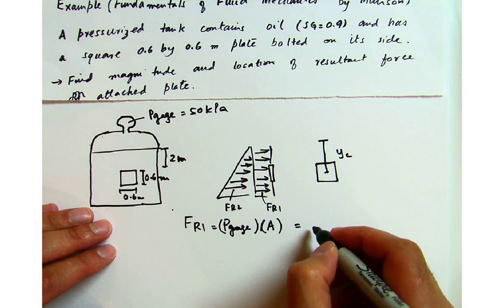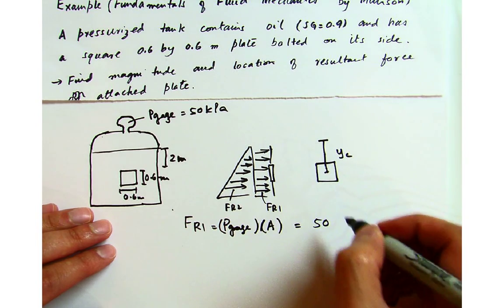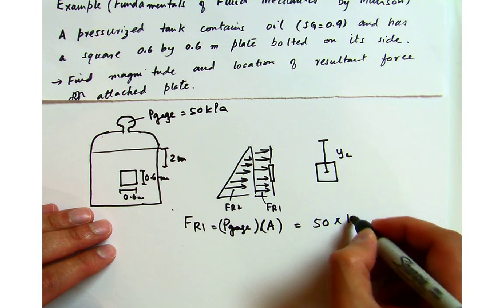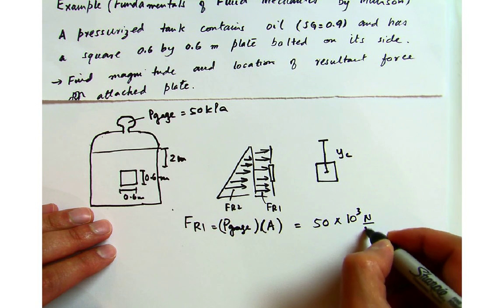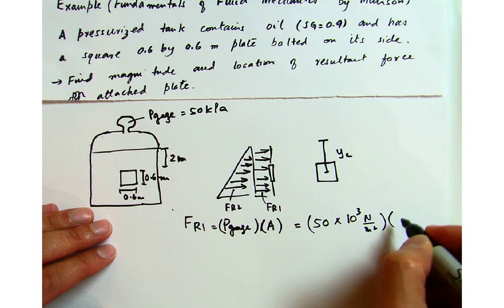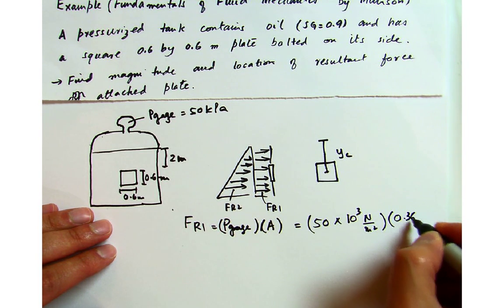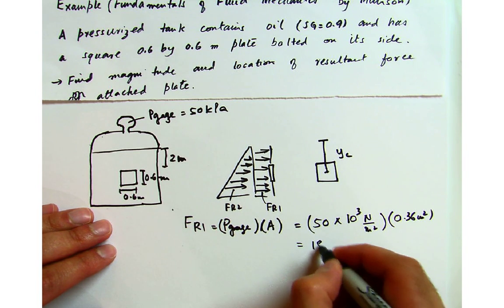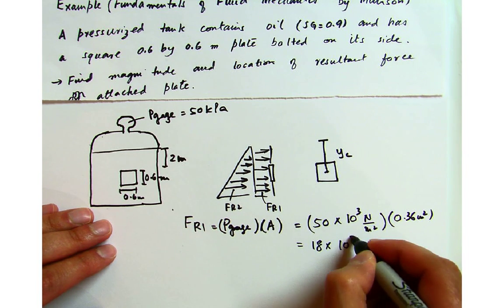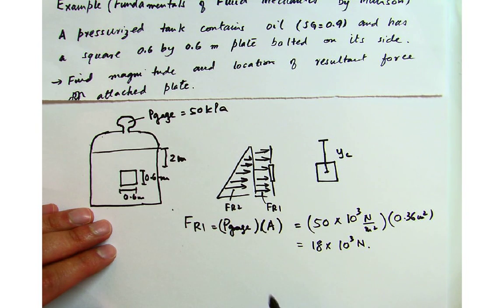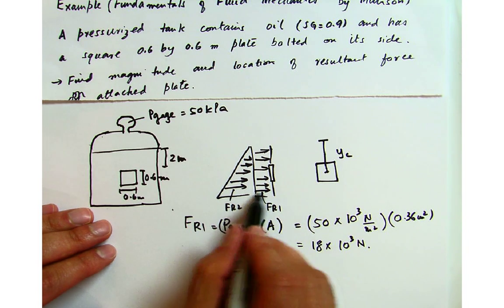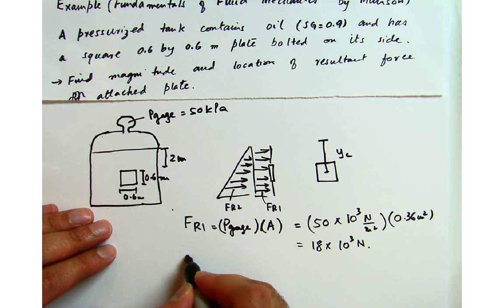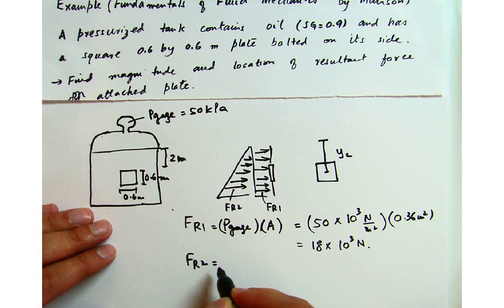P gauge in this case is 50 kilopascals, so 50 into 10 raised to power 3 Newton per meter square, times the area, which is 0.36 meters square. And when I compute that, it gives me 18 into 10 raised to power 3 newtons. So this is the force FR1.